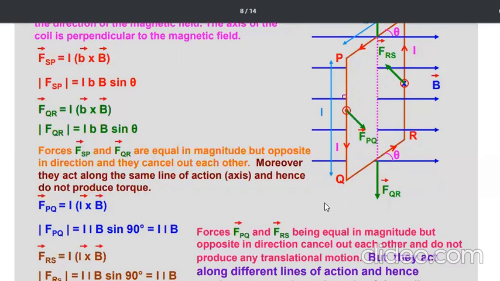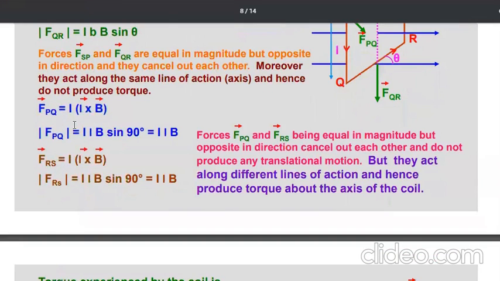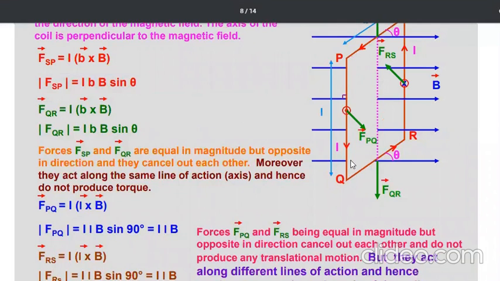Now come to the longer arms, that is PQ and RS. The magnetic force acting on this section of the conductor PQ is F_PQ equal to I into L cross B, where L is the length of the rectangular coil.